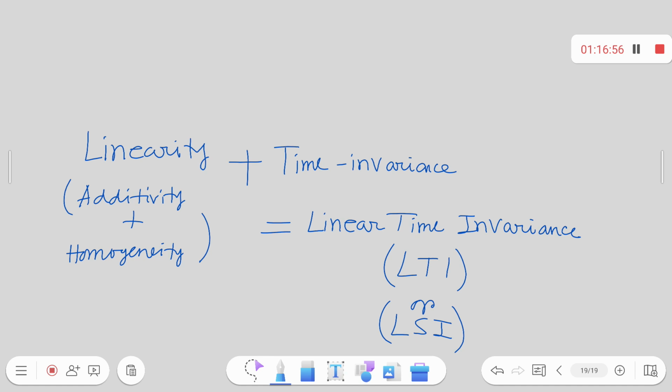Now, in the next class, we will study the properties of this type of system, LTI systems, and gradually we will understand why I have picked these two properties in particular, to analyze the system in a much more elegant way, not only in the time domain, but also in the frequency domain as well. Why? What is the specialty of this type of systems?